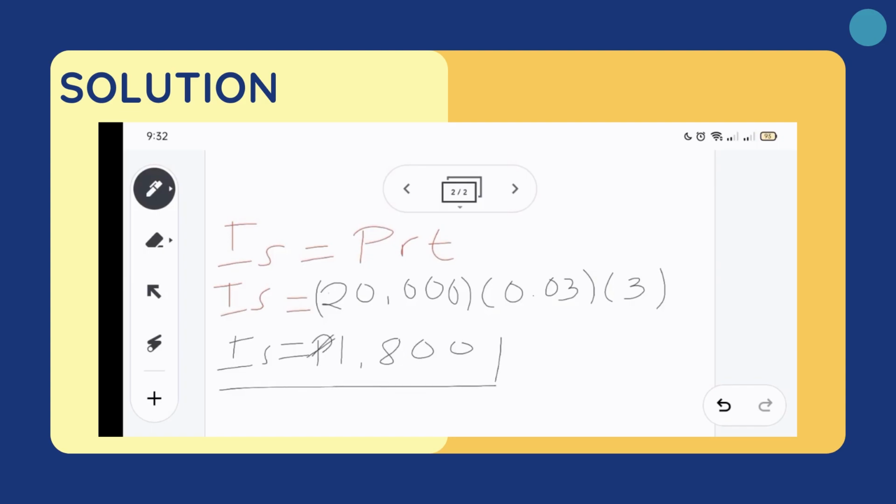So this will be the interest of Belle, the interest that she must pay after 3 years.